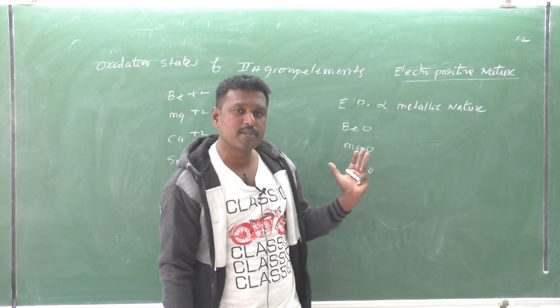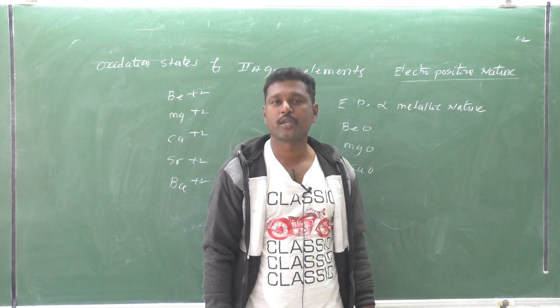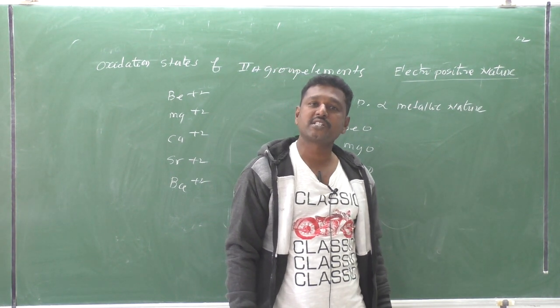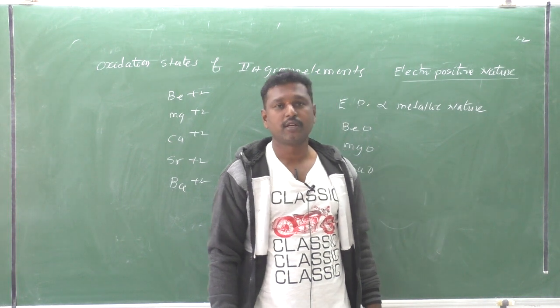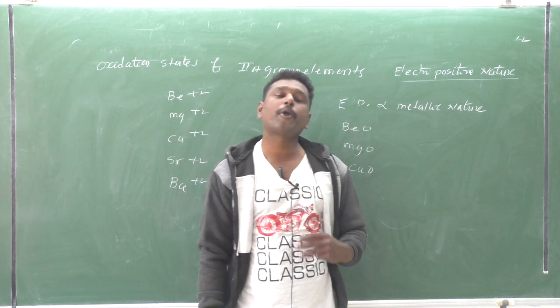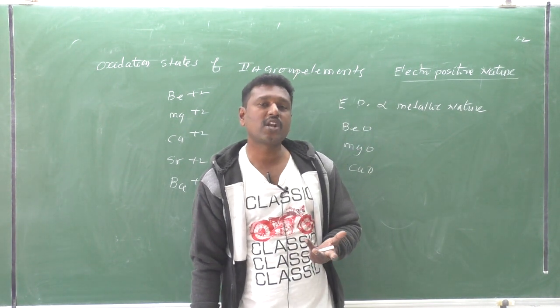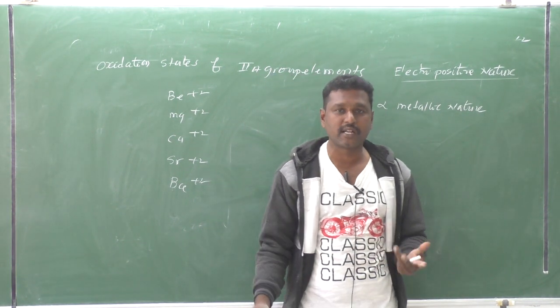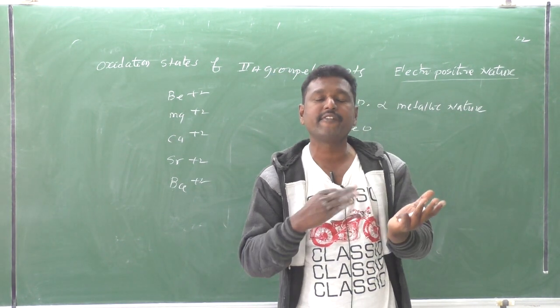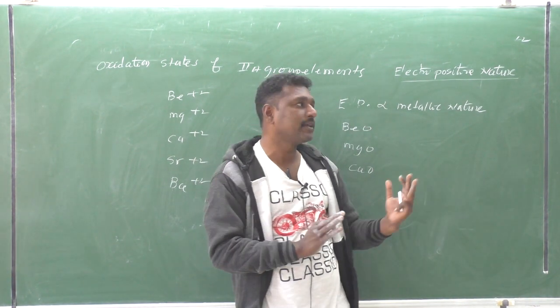This is also one of the important properties of the alkaline earth metals. The general electronic configuration is ns2, therefore they can easily lose 2 electrons. These are the general properties of alkaline earth metals. In the next class we will discuss the chemical properties. We have already covered the alkali metals and the comparable properties, but we are separating the properties.